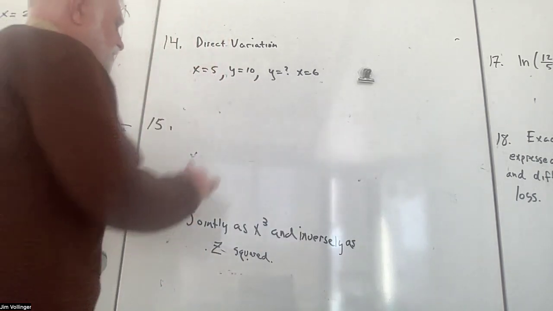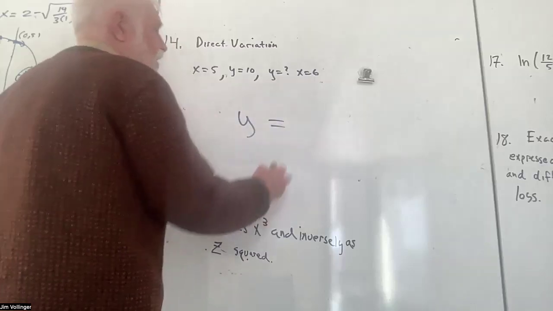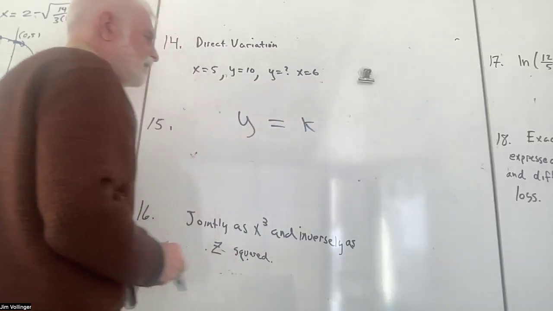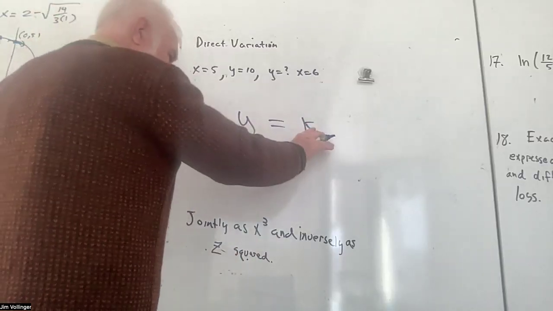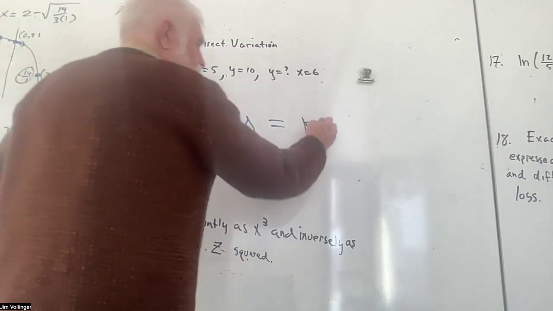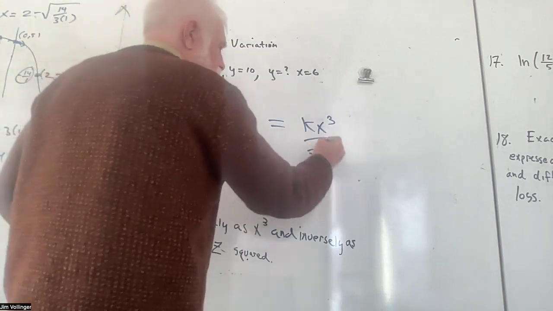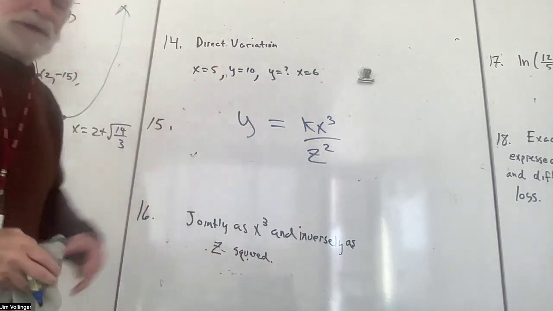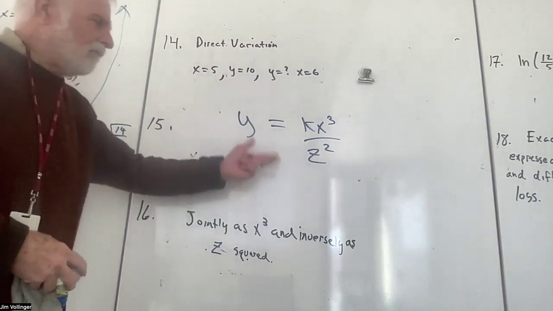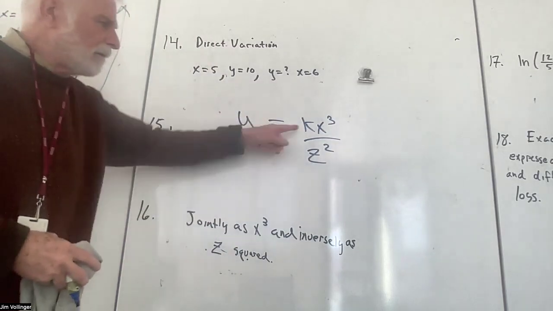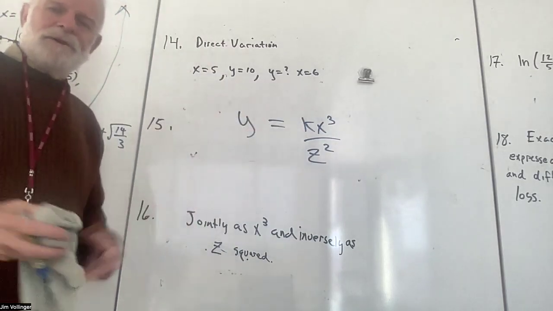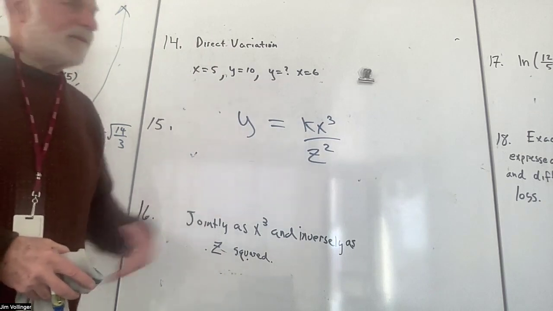Jointly, so y varies, constant of proportionality. y varies jointly as x cubed and inversely as the square of z. And we're just going to practice how to write joint variation. And then we throw 3 variables your way. You can find k, give you another 2 of them, you can find the missing one.